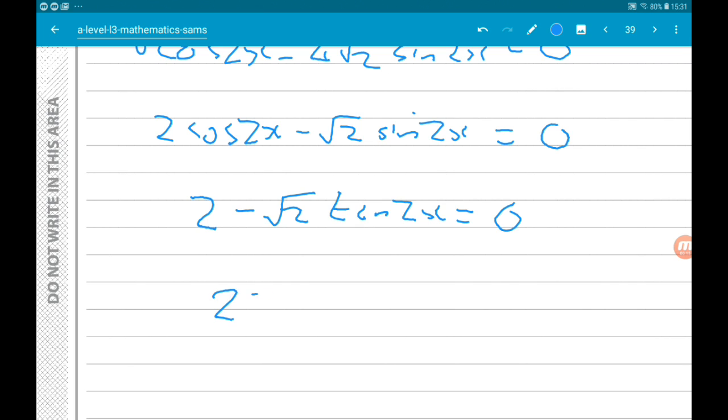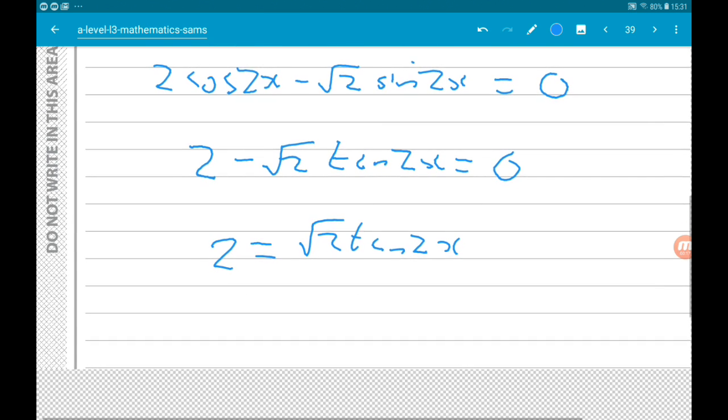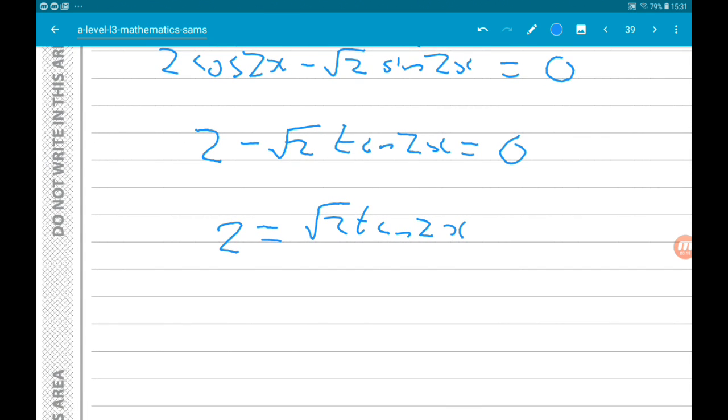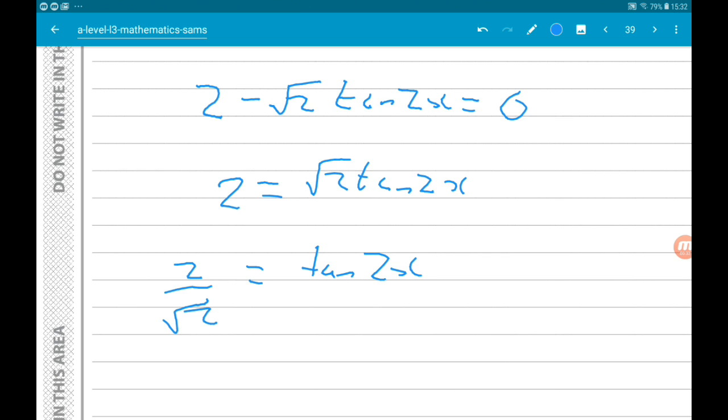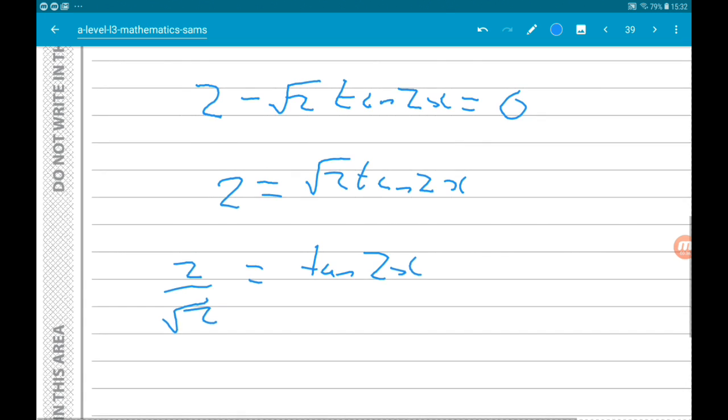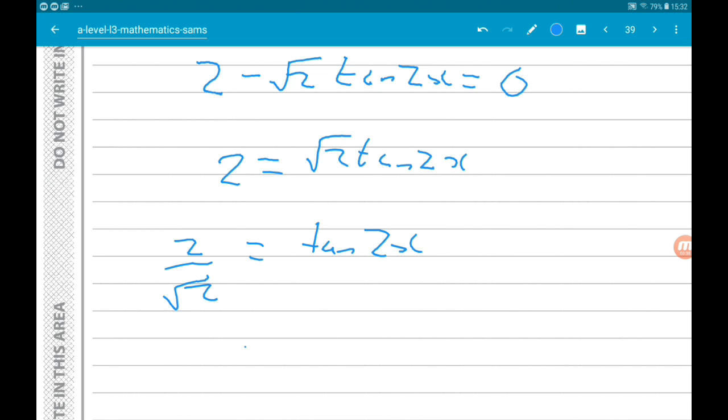So we get 2 equals root 2 tan of 2x. Divide by root 2, we get 2 over root 2 is equal to tan 2x. If you rationalise the denominator, then you get 2 root 2 over 2, which is just root 2. So root 2 is indeed tan of 2x.